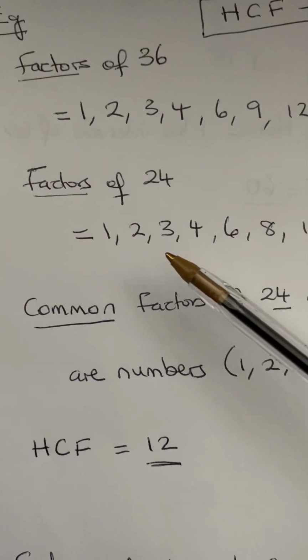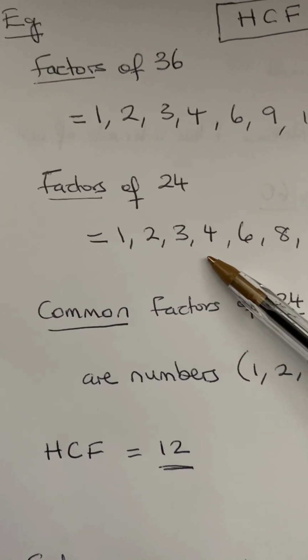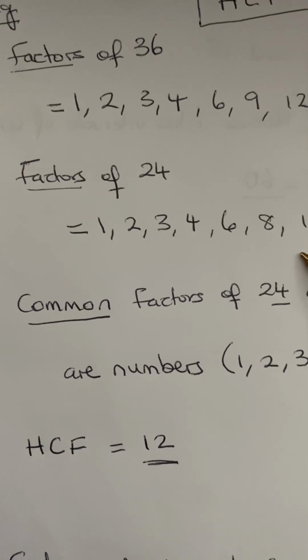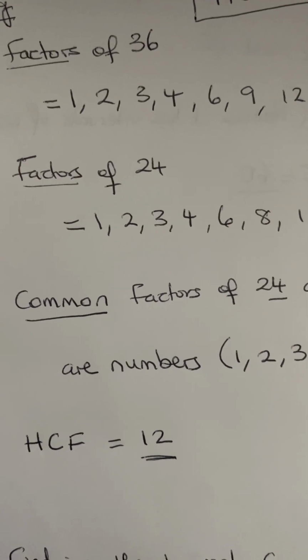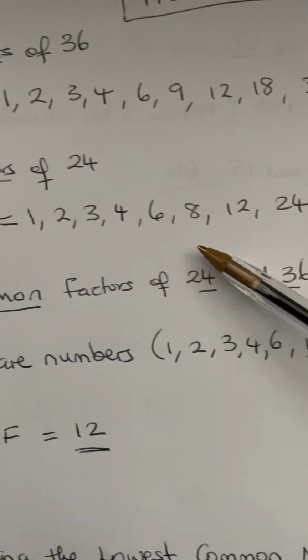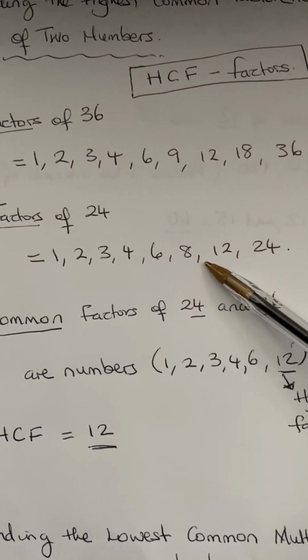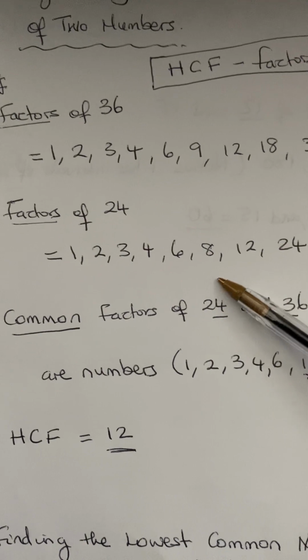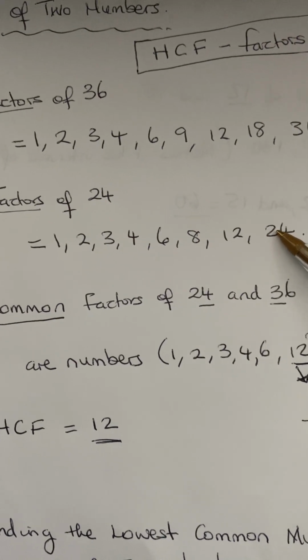So all the factors of 24 are these numbers here. These are the numbers that can go into 24 without giving you a remainder.